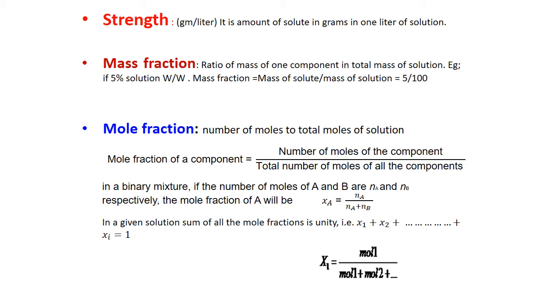So we can calculate the mole fraction by the formula XA equals nA divided by nA plus nB, and the mole fraction of the solvent can be given by the same kind of formula, and in the same way we can calculate the mole fraction of other components also.